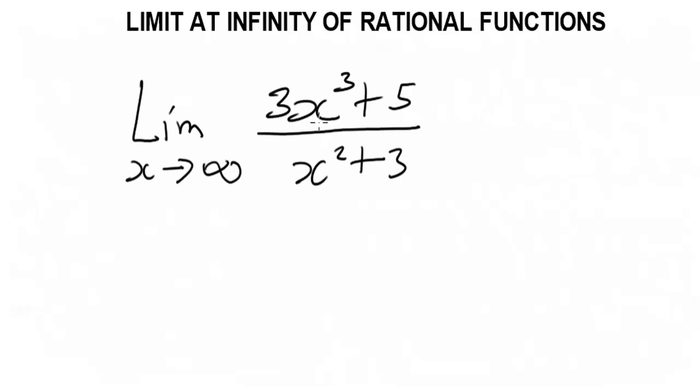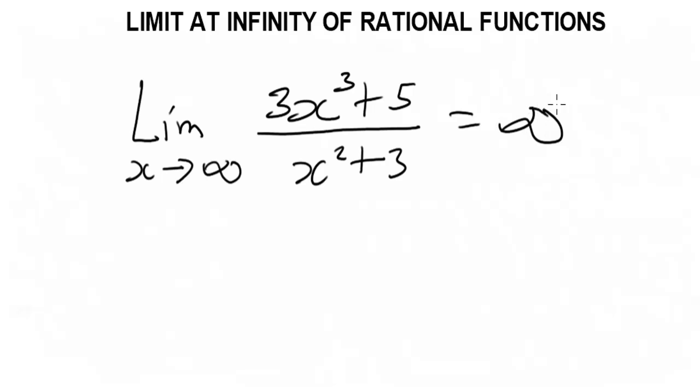Now, the first principle states that whenever the limit of a function is tending to infinity and the highest power of the numerator is greater than the highest power of the denominator, the limit of the function is said to be indeterminable or does not exist. So, the answer to this question will be infinity.